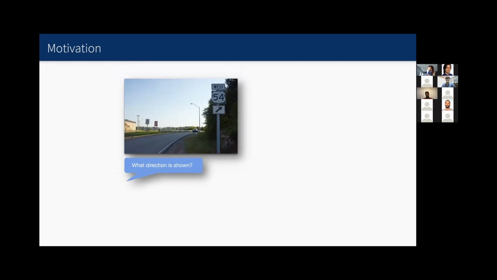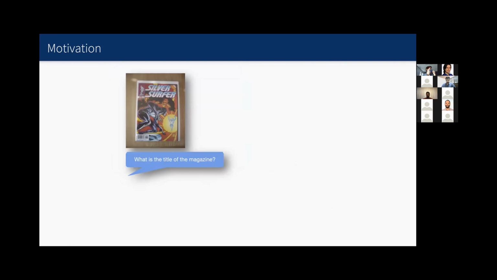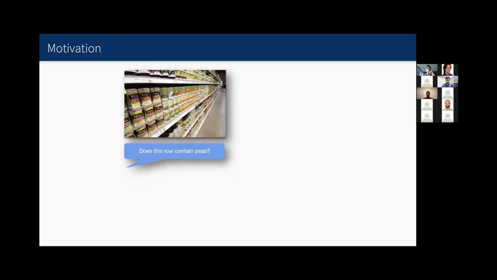Similarly, this example is very simple. If you can read the text, which direction is shown, the VQA SOTA will randomly answer east based on its bias. Then, what is the title of this magazine? The VQA SOTA will answer not sure because it just can't read text.